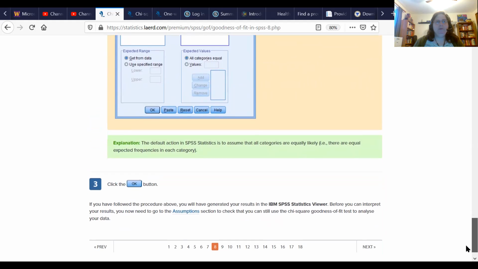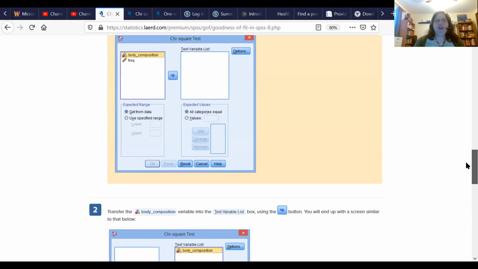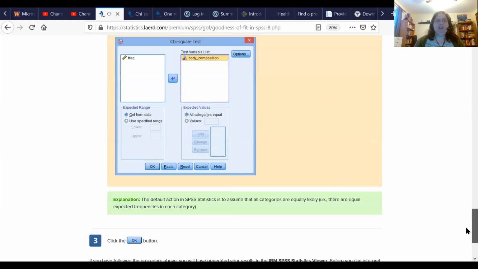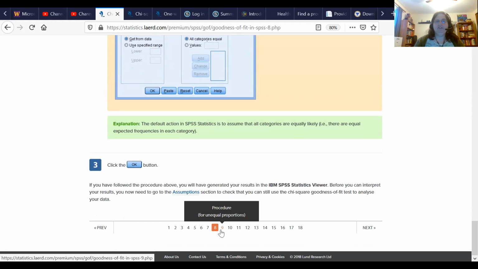Now, I do want to point out that the default here is that all the categories are equal for your expected values. This is where we can change that. Now, we're not going to at first, but I'm going to show you in a minute or two how you can do that. Okay, but for now, that's all you have to do. Body composition, hit OK, and you're off to the races.